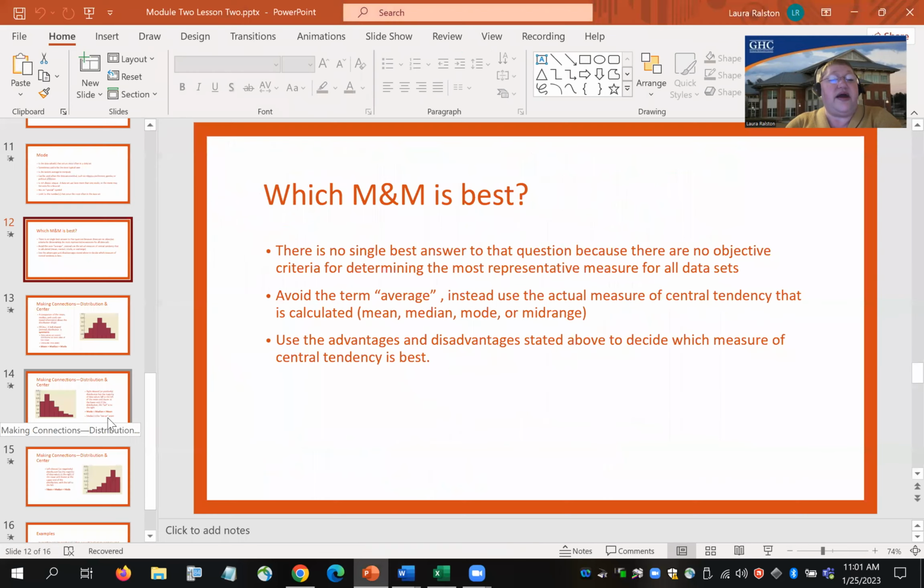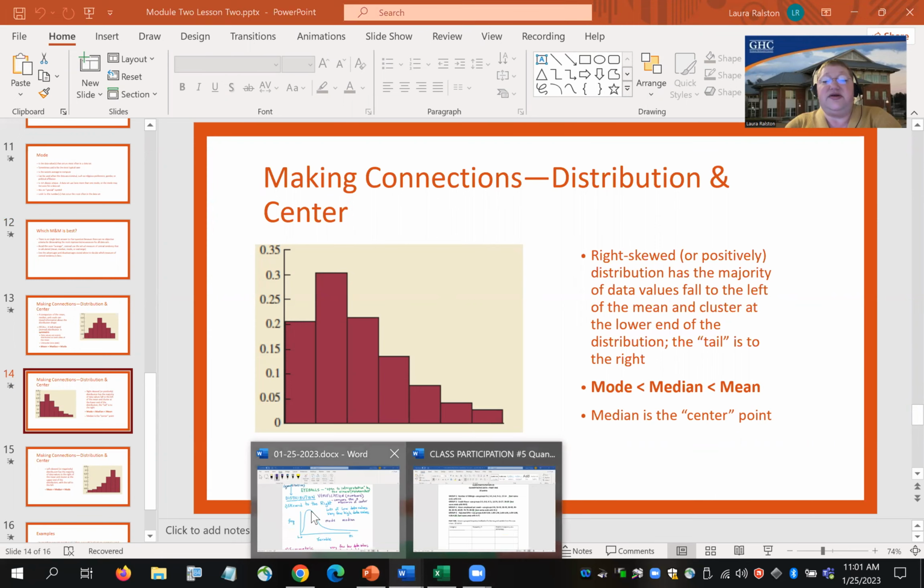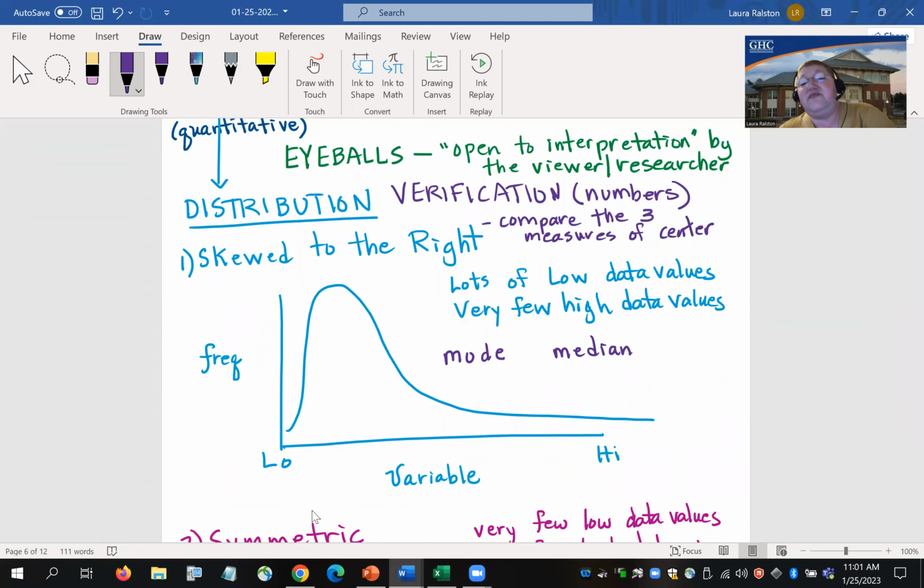If we're talking about skewed to the right, again, the mode would be first, then the median, then the mean. So you can kind of see it written out. So the mode is the smallest, and it's smaller than the median.